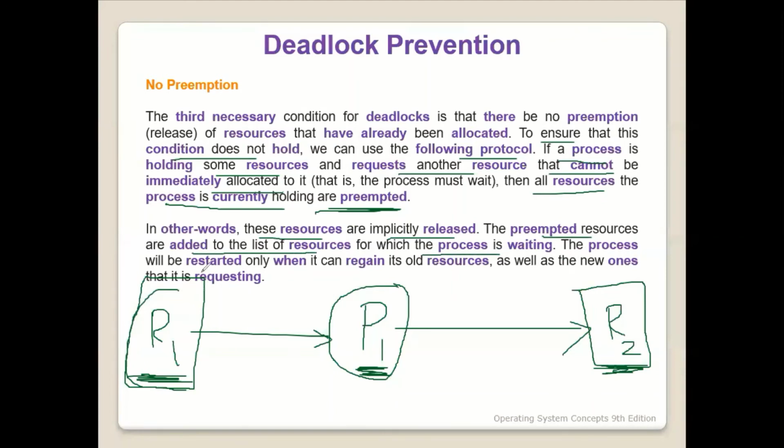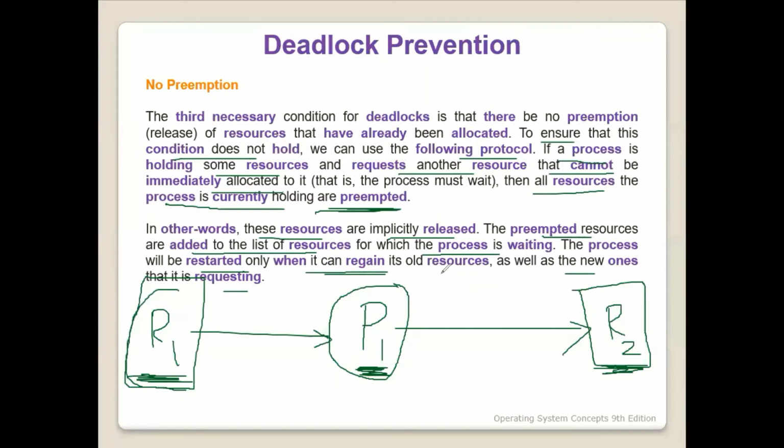The process will be restarted only when it can regain its old resources as well as the new one it is requesting. So even after R2 is given to P1, P1 can't continue because it wants R1 also. It has to regain all its resources so that it can start executing.